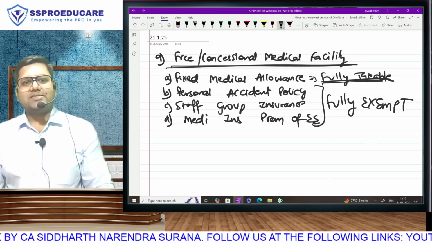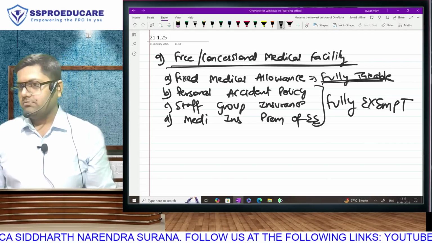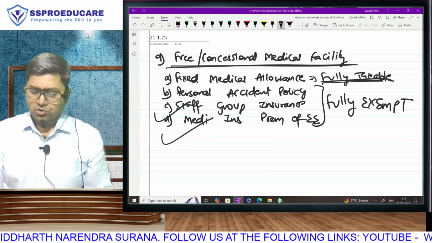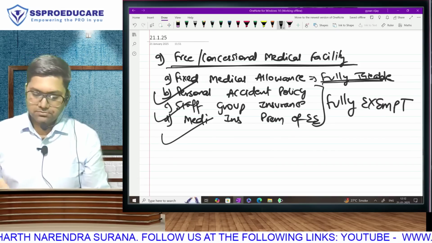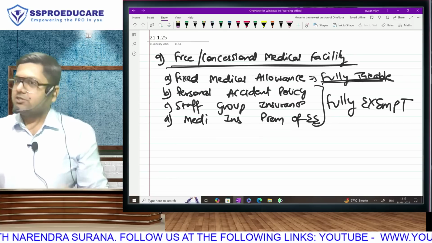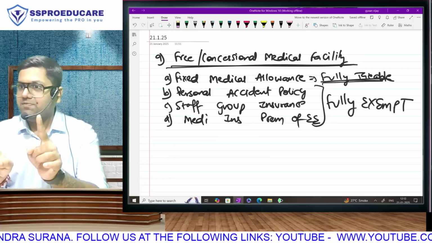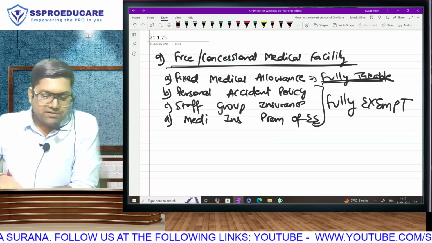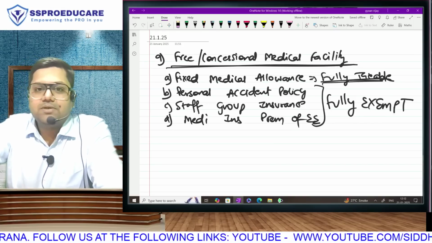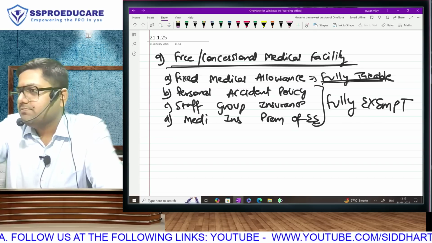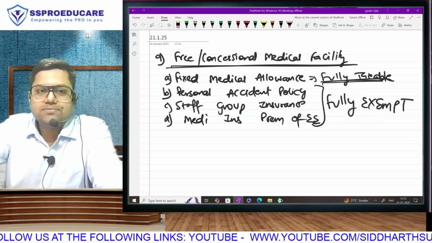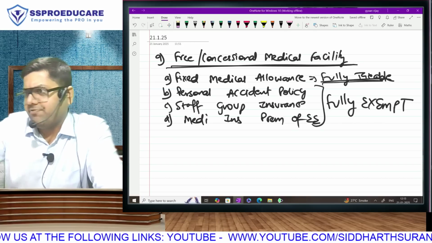If your employer is taking any medical insurance for you, individual, group, or accident policy, in all three cases you have benefit because he will pay premium, you will get claim. He will pay premium, you will get claim. But the benefit will be fully exempt. Yes, please. Logic. Why, sir? Because we are getting benefit. Everyone agrees.